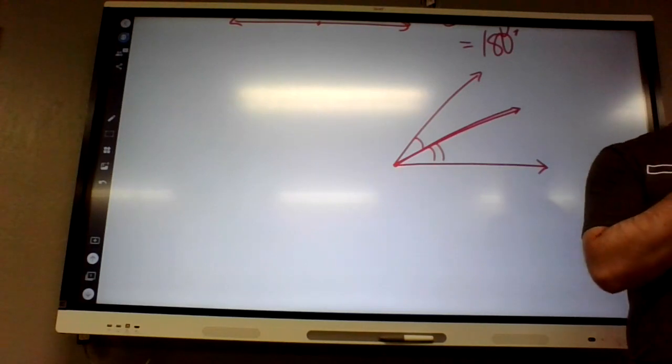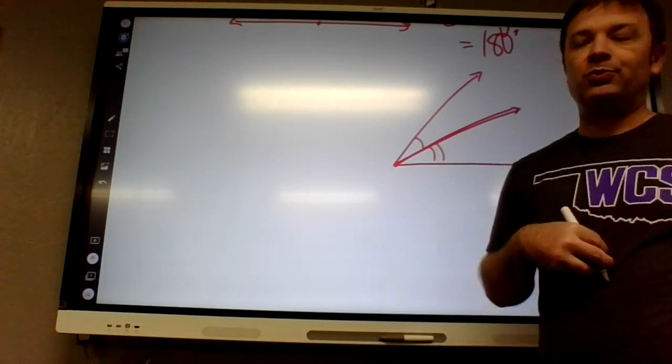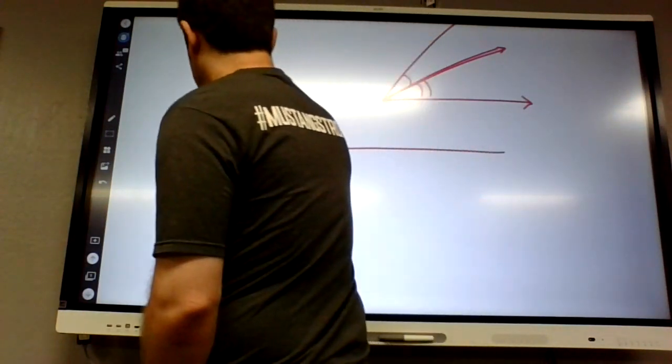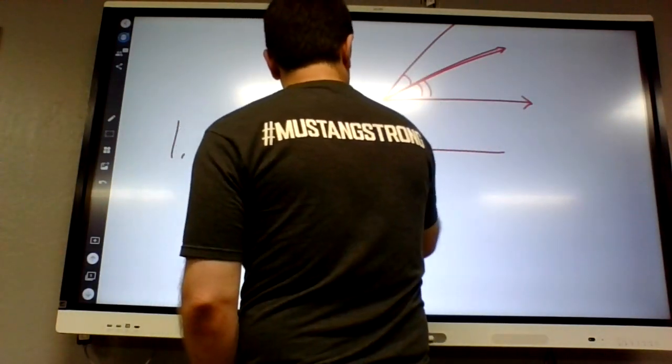All right, number 1, draw a number line and graph the points. It says A is 3, B is -4, C is negative square root of 7. So how would I figure out where C goes? Any bright ideas?